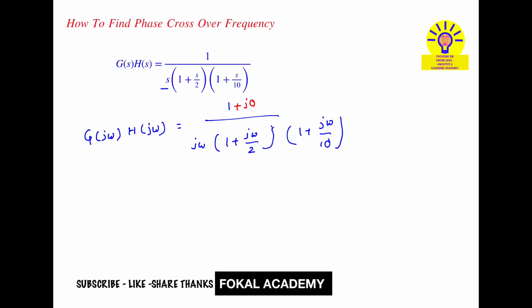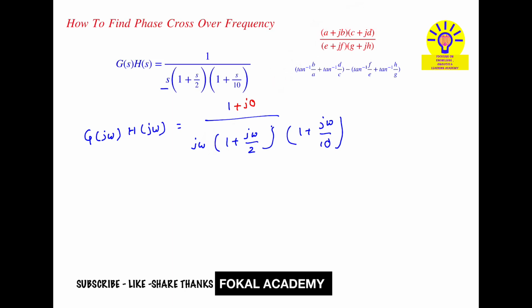Whenever the function is like this, for this complex number the phase angle is tan inverse of b by a, plus the phase angle of this one, that is tan inverse of d by c. So it is the sum of all the phase angles in the numerator minus the sum of all the phase angles of the denominator. This is the process for finding the phase angle of the overall function.